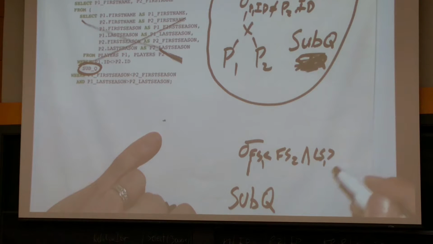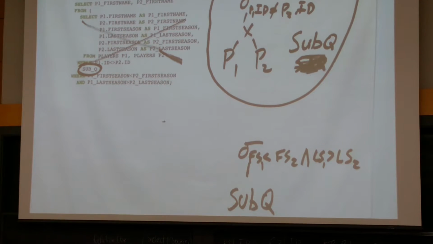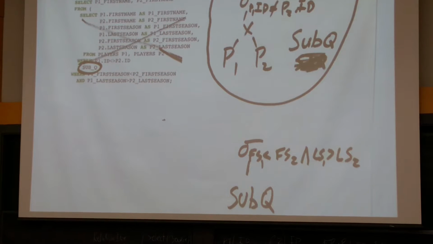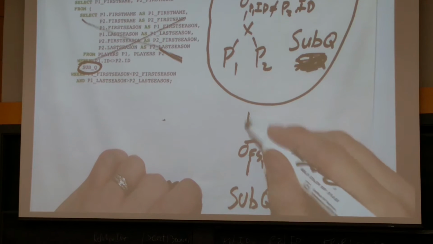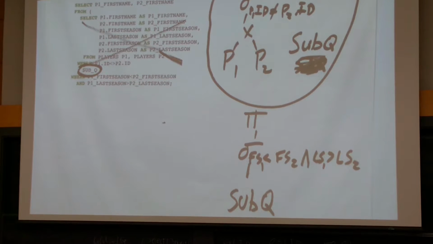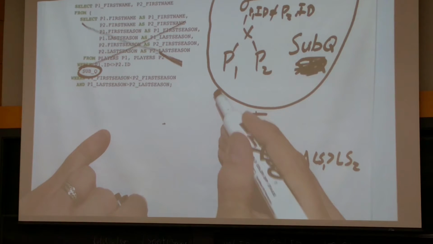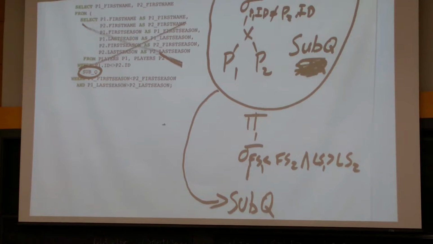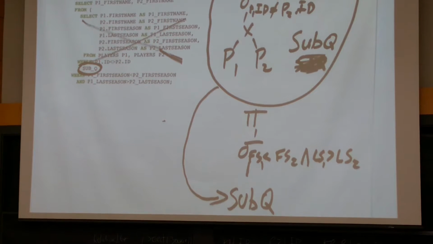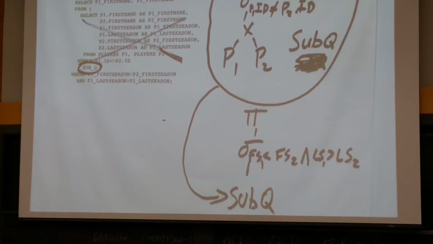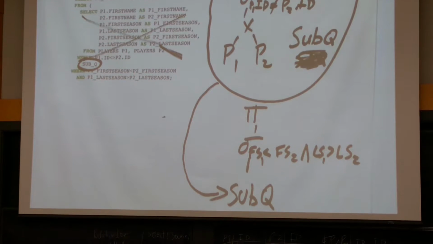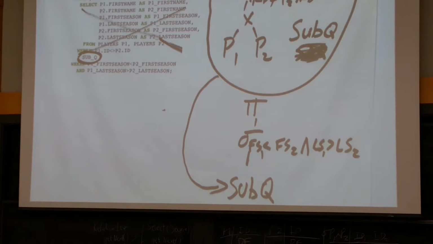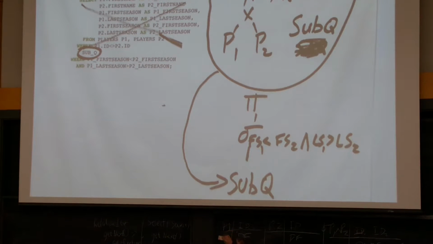Now, s is greater than 2. Projection. All right, again, in relational algebra, everything is a relation. So I can take this whole shebang, slot it in there, and it just makes a bigger tree. That's it.